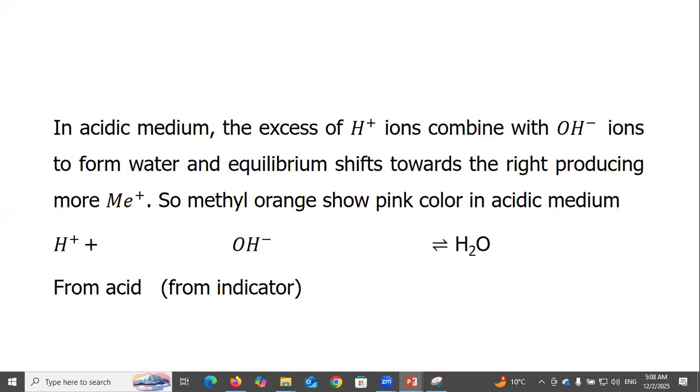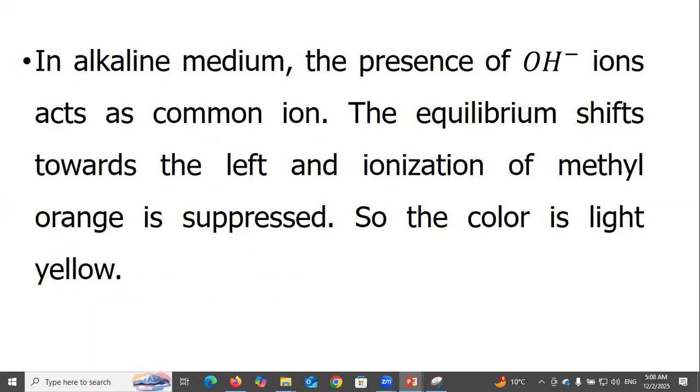In acidic medium, the excess of H plus ions combine with hydroxide ions to form water, and the equilibrium shifts towards the right, producing more Me plus. So methyl orange shows pink color in acidic medium. In alkaline medium, the presence of hydroxide ions acts as a common ion. The equilibrium shifts towards the left, and ionization of methyl orange is suppressed, so the color is slightly yellow.